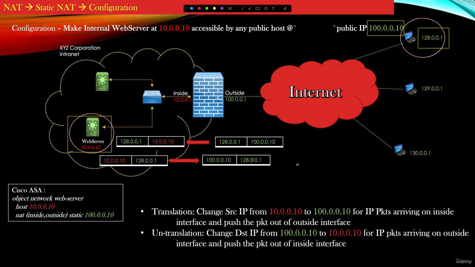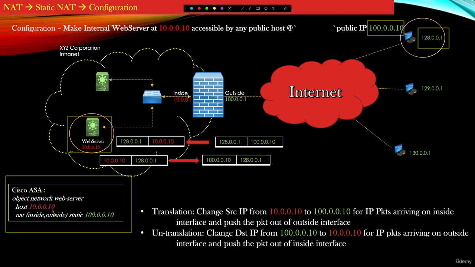So you can see this is the configuration that we need to do on the firewall. This configuration is very simple, right? It involves just 3 steps. The first 2 steps are related. In the first 2 steps, we are creating an object network web server whose IP address is 10.0.0.10.